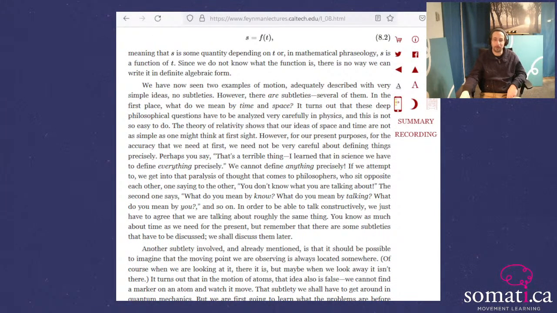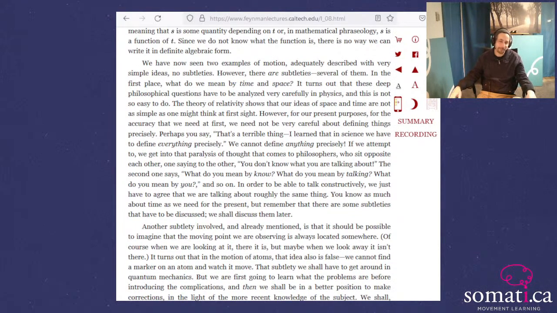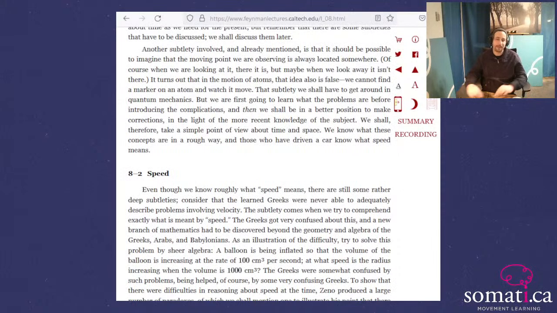Another subtlety involved and already mentioned is that it should be possible to imagine that the moving point we are observing is always located somewhere, whether or not we're looking at it. It turns out in the motion of atoms, this idea is also false. We cannot find a marker on an atom and watch it move.